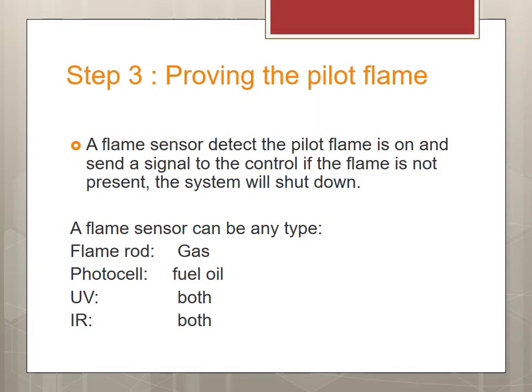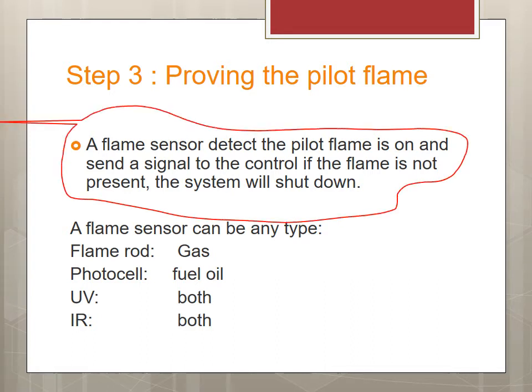The third step is proving that there is flame inside the chamber. Once we light the pilot, we get a flame sensor that will tell us how big the fire is and whether there is flame or not. If there is no signal, the system will shut down. We saw last week a few things about different kinds of fuel and which sensors go with what.